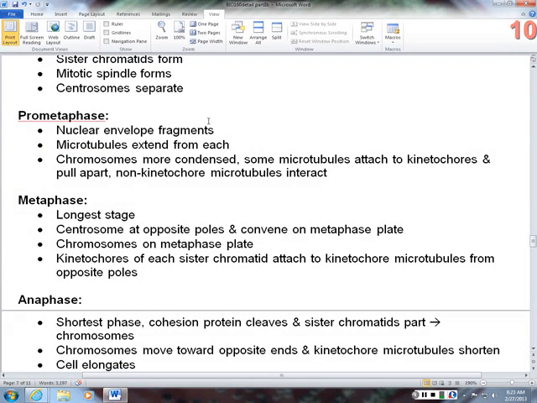You're going to have the chromosomes aligned along the metaphase plate. That's the real characteristic thing of metaphase, is they are lined up along this middle plate. And then the kinetochores of the sister chromatids are each attached to the kinetochore microtubules from the opposite poles. It's a really fancy way of saying these chromosomes are attached to that mitotic spindle.